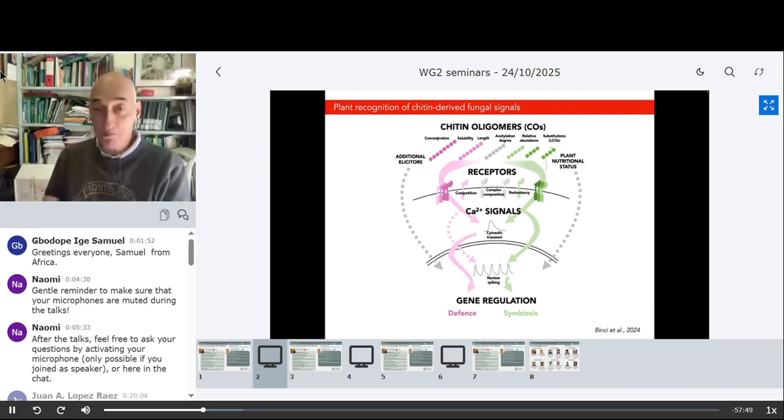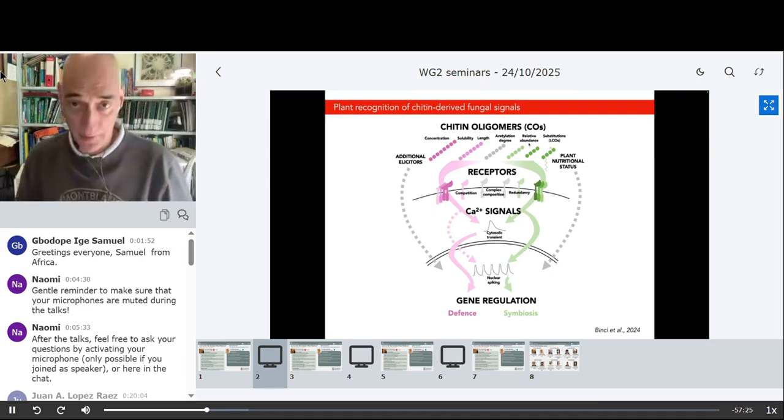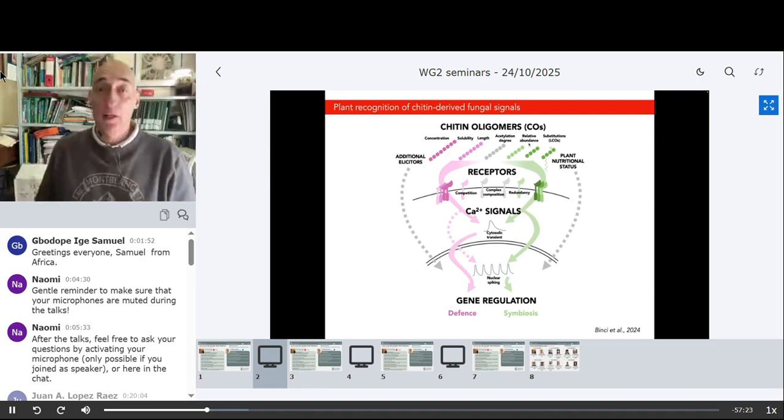We also know not so much about their actual concentration when they are released by the fungi and perceived by the plants, especially their relative abundance. As I mentioned, it's difficult to extract and quantify long and short chain COs in one run, so it's not always easy to understand how much of each species of molecules is present in fungal exudates when plants are perceiving them.